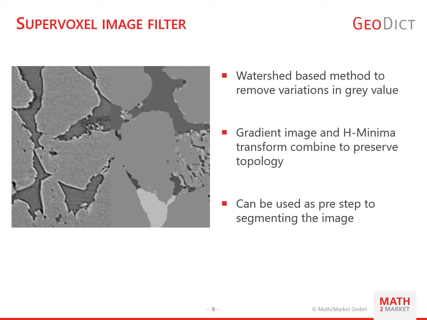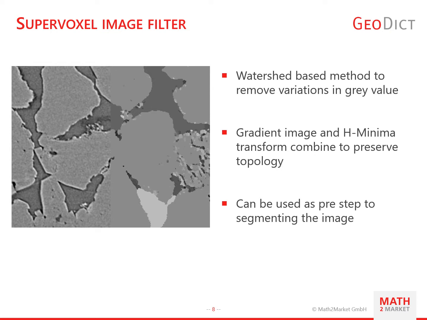So first of all, we added a new image filter, the SuperVoxel algorithm. That's a watershed-based method. It's using the H-minima transform and the gradient image to get rid of gray value variations, as you can see on the left image.